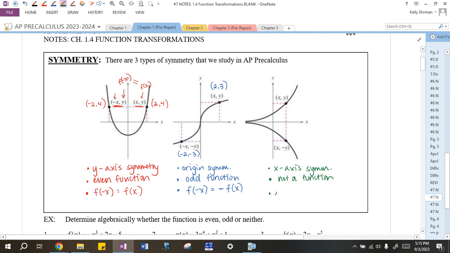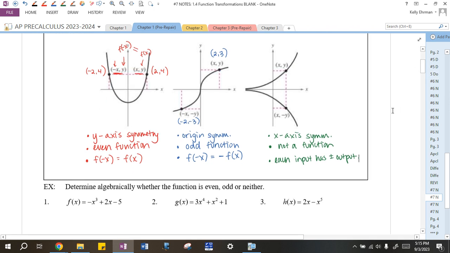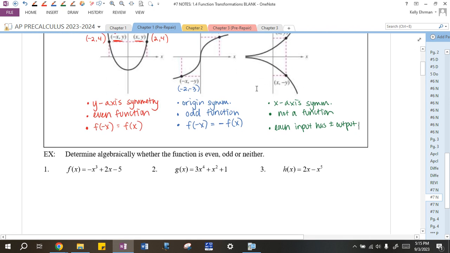And I'm just going to make a note of that. Each input has a plus or minus output for this scenario. So we don't have rules for function notation, like what happens if you plug in negative x, because this is not a function.